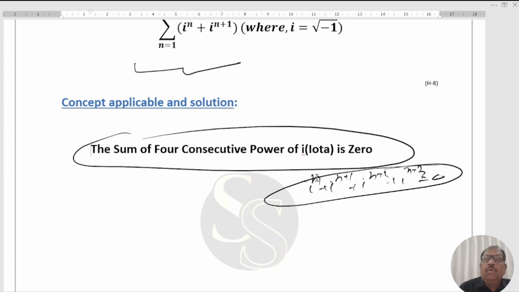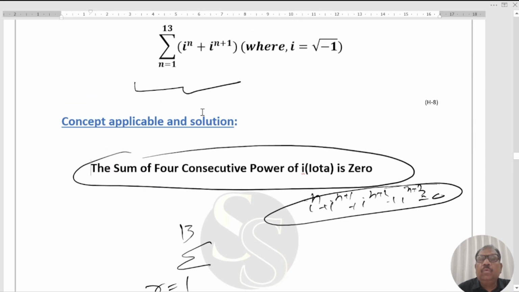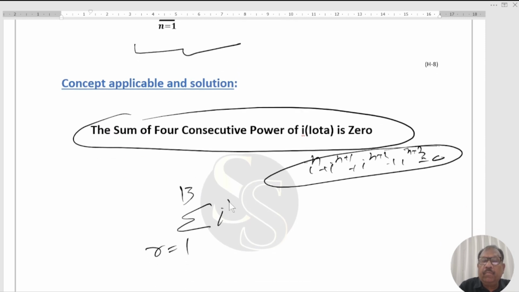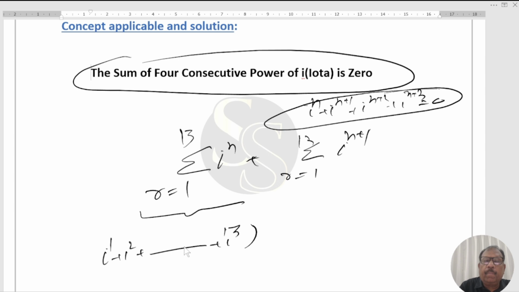Right? Now summation r equal to 1 to 13 of iota^n plus summation r equal to 1 to 13 of iota^(n+1). If we expand this, you will get iota^1 plus iota^2 up to iota^13.